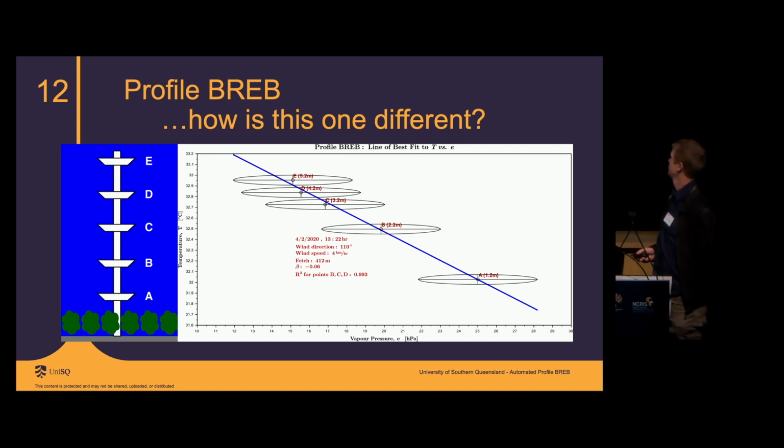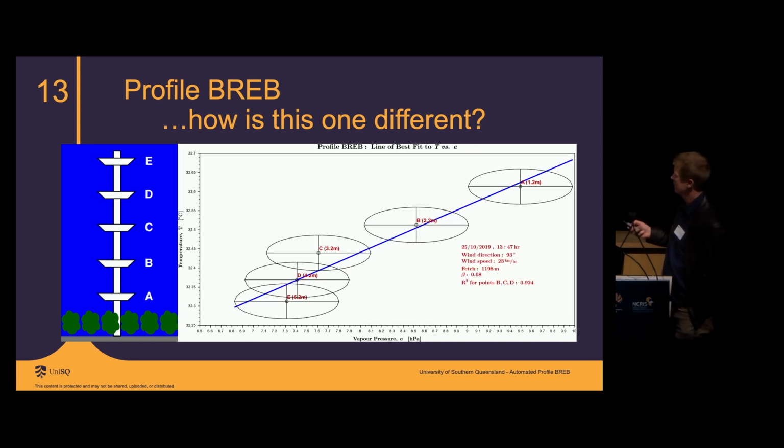So here's an example: each point has its ellipse of uncertainty, which is a result of having 2 variables with their own 95% confidence intervals. And here you can see the line of best fit goes through them nicely. Here's another example under different field conditions, and the line of best fit goes through all those ellipses just nicely as well. So all those data points can be kept.